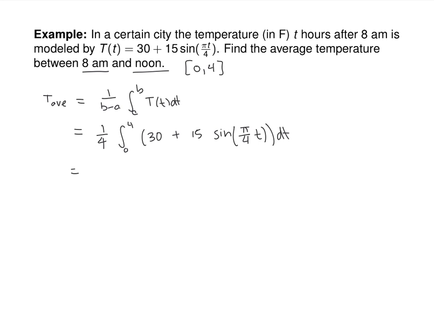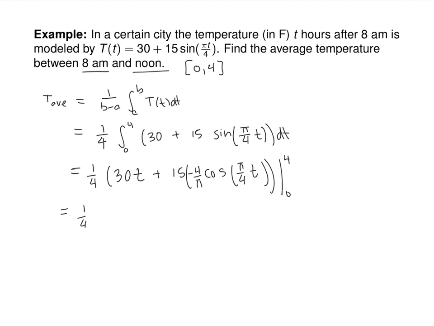All right, now anti-differentiate, and we'll have 30t. Now think here, when you anti-differentiate sine, you get cosine. You gotta think, is it negative or positive? So it definitely will be negative. And also you're gonna have to insert the reciprocal of pi quarters to compensate for the reverse chain rule. So negative 4 over pi, evaluated from 0 to 4.